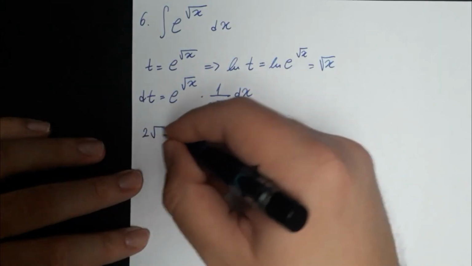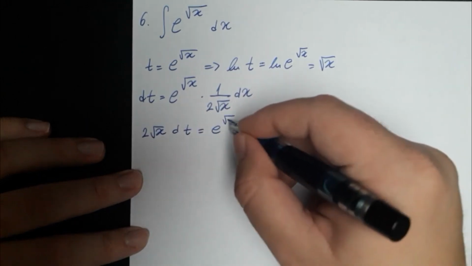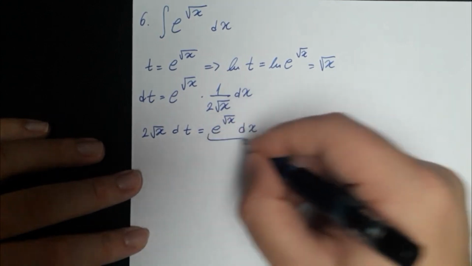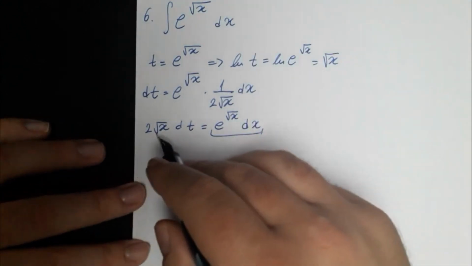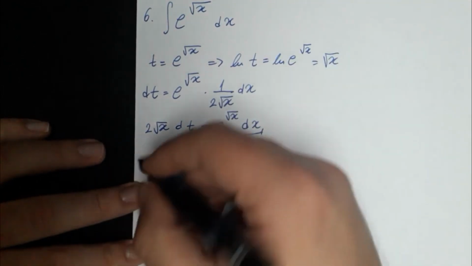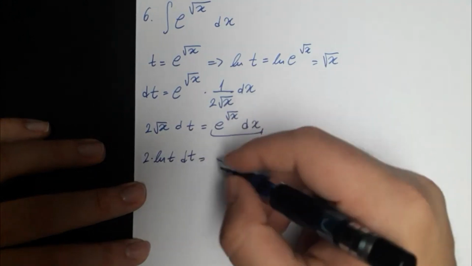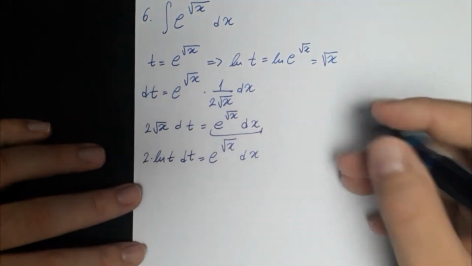Now 2 square roots of x dt is equal to e to the power square root of x dx. This is exactly what we have in our integral, and 2 times square root of x is 2 times ln t, so 2 ln t dt is equal to e to the square root of x dx.